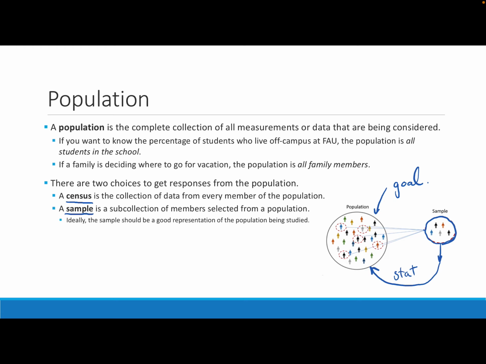However, if the sample is not a good representation of the whole population, then you cannot do that. For example, you want to know the average height of students at FAU. When everyone has a height, you want to know the average of all 30,000 students. That's too many, so we draw a sample. We say we choose 10 students, and we choose 10 students from the basketball team. And we know they're all very tall.